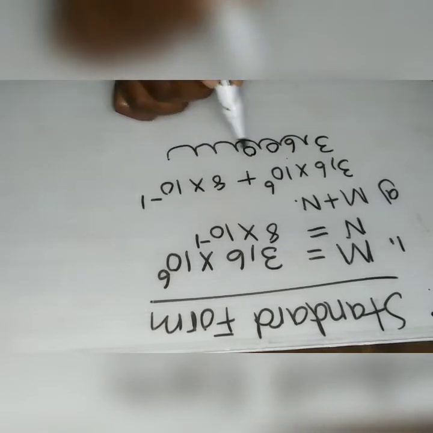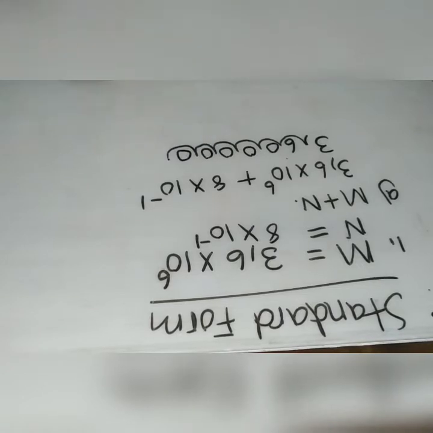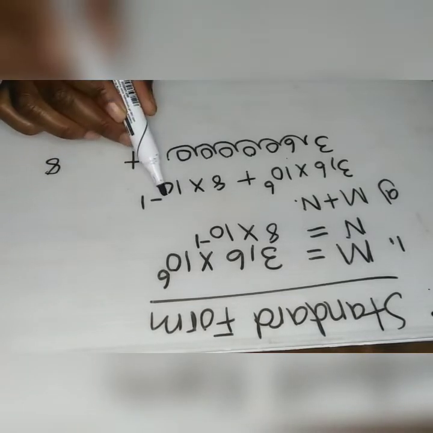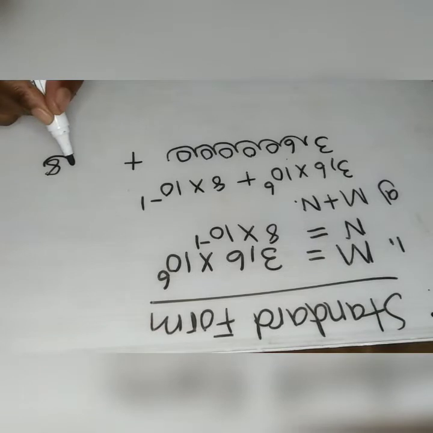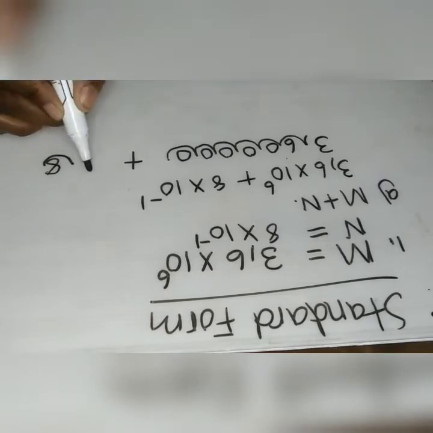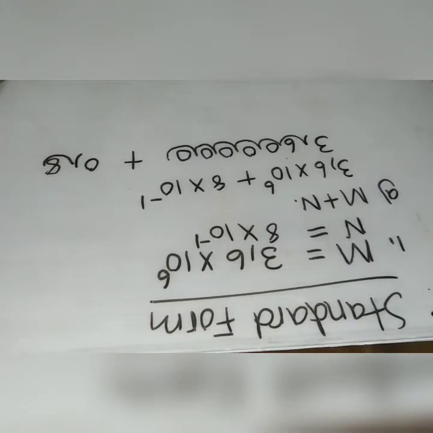So where there is nothing, we are going to replace with zeros. Plus, we do the same thing for 8 times 10 to the power minus 1. So you write your 8 on the far right because of the negative power there. So it's to the power negative 1, so we are simply going to move once. Okay, so that's where our comma is going to be. So this is just going to be 0,8.